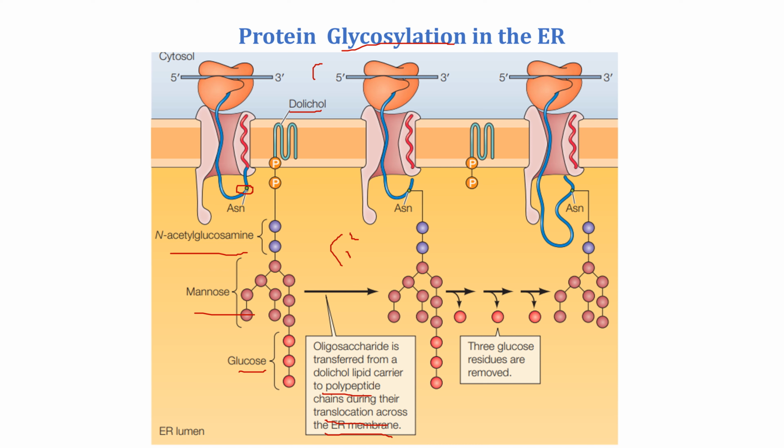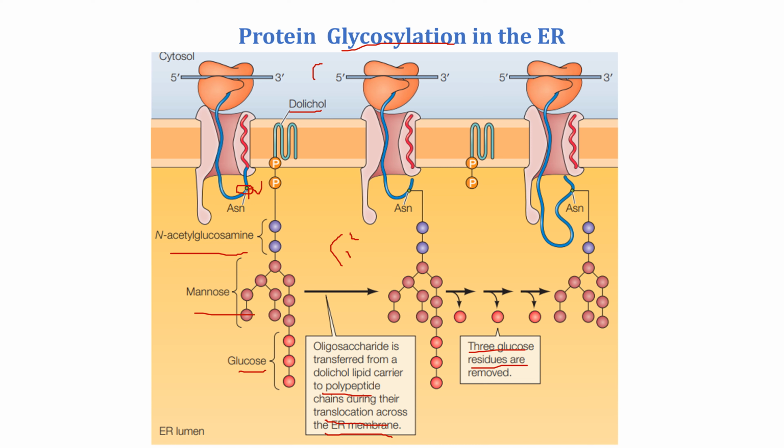Next, three glucose residues are removed from the oligosaccharide once the glycolipid carrier has transferred the oligosaccharide to the polypeptide chain during translocation across the ER membrane. Here it is attached at the asparagine.